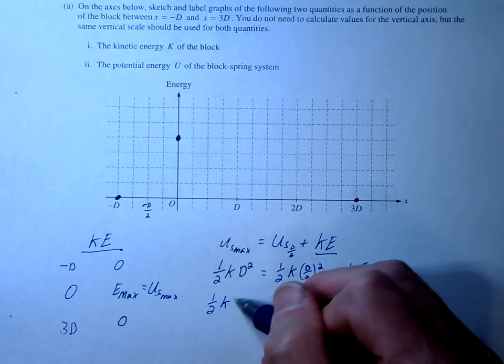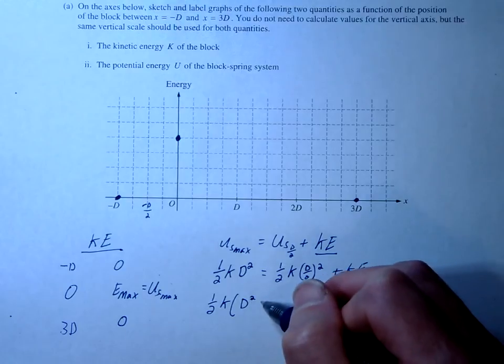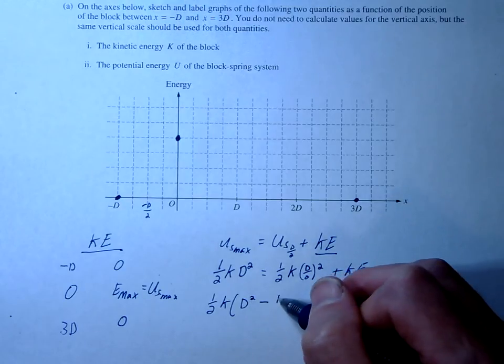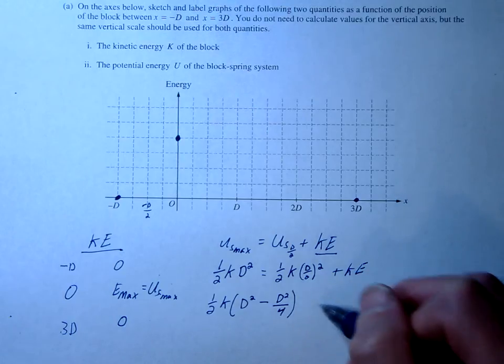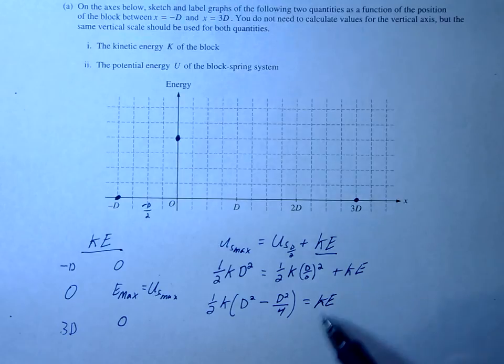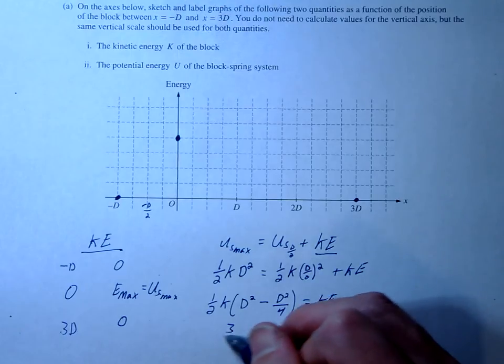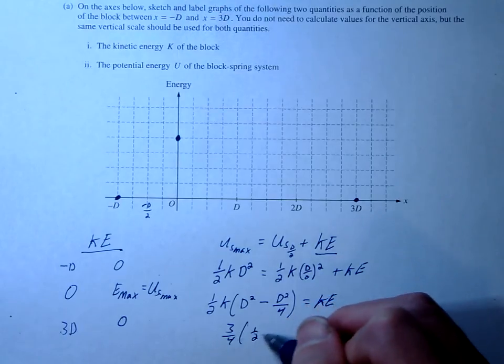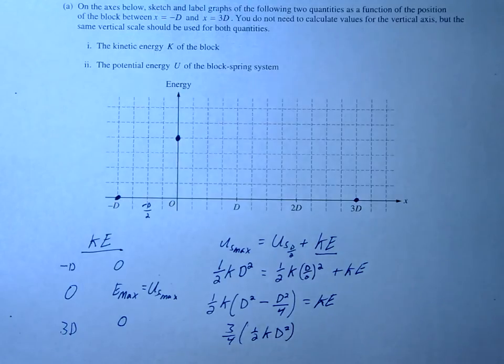So what you're going to notice here, let's pull this out a little bit. We have 1/2 K times D squared minus D squared over 4 equals our KE. And so our KE at our halfway point is essentially going to be 3/4 times our 1/2 K D squared. 3/4 the value, right?